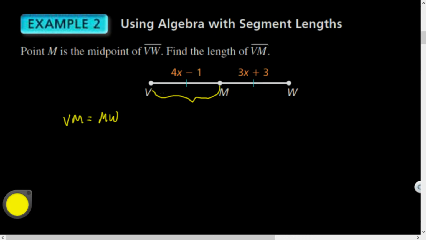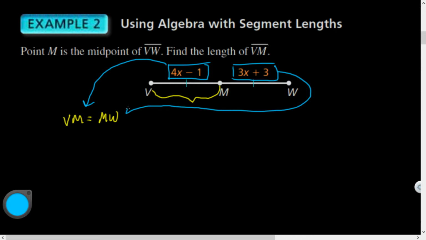So let's see, substituting. Let's take this guy and throw that in for VM. Let's take this guy and throw that in for MW. Oh, guys, I think we're going to be able to solve this. Yeah, we're going to be able to solve for x, friends. I like it. All right, so I'm going to have 4x minus 1 is equal to 3x plus 3.